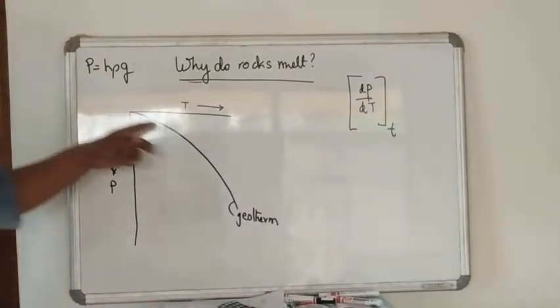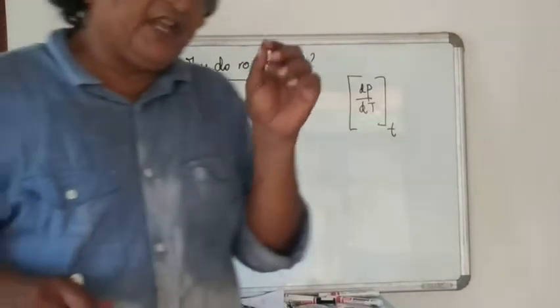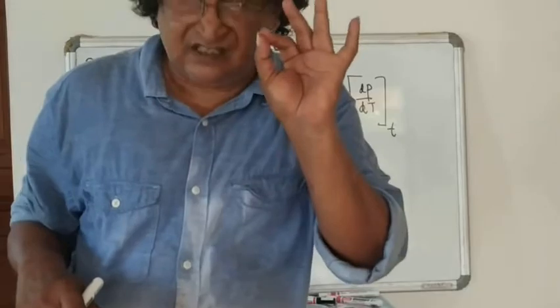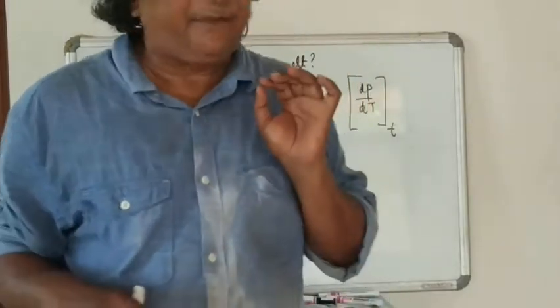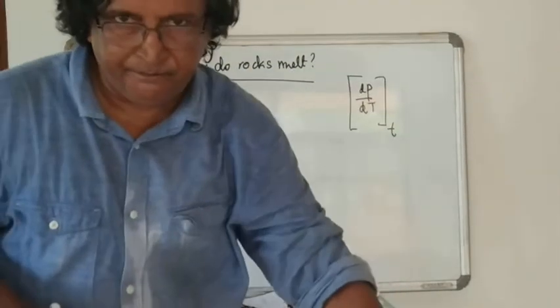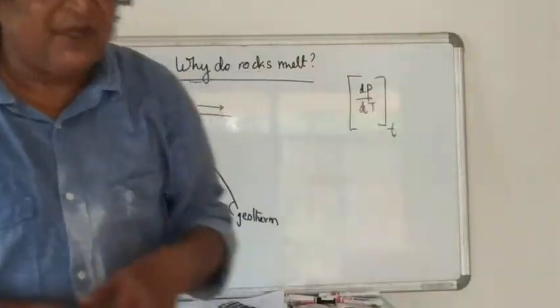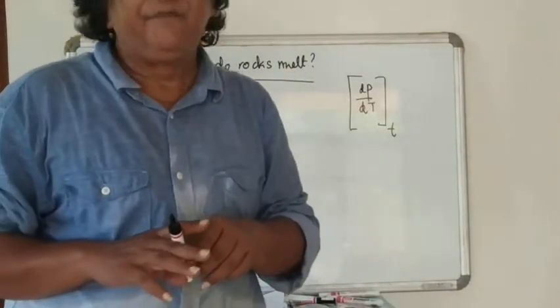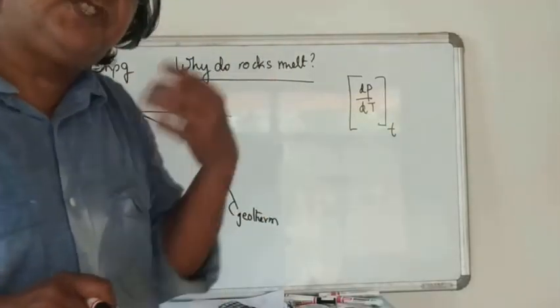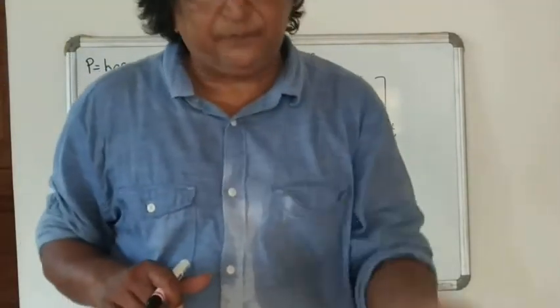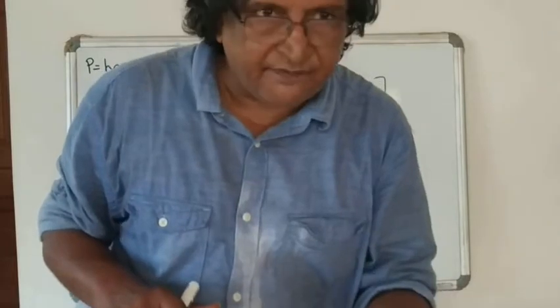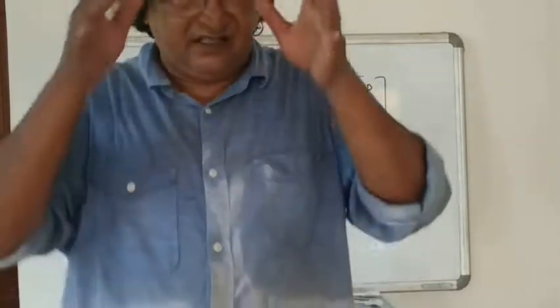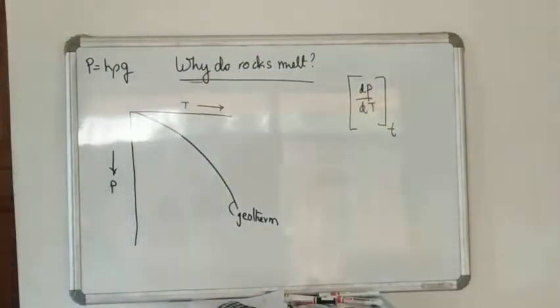So essentially, a geotherm is an isochronous, that means same time, PT array that describes the changing temperature with pressure in the Earth at a particular place. Have you understood?